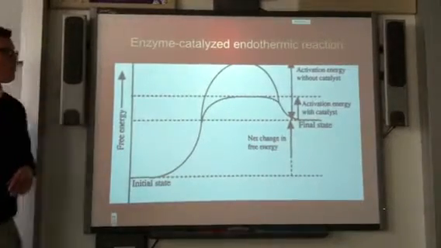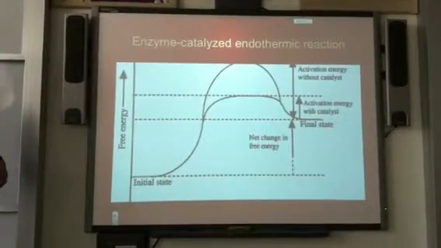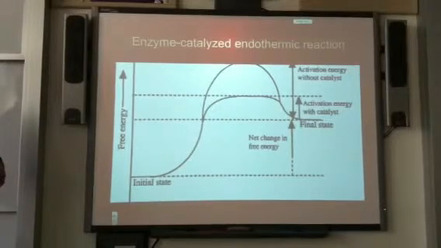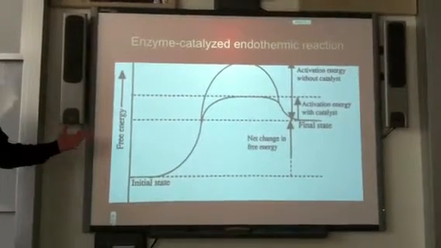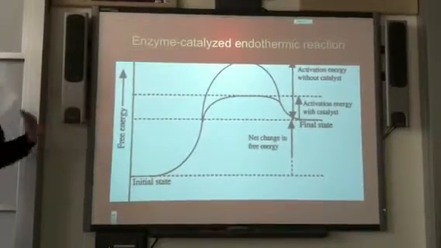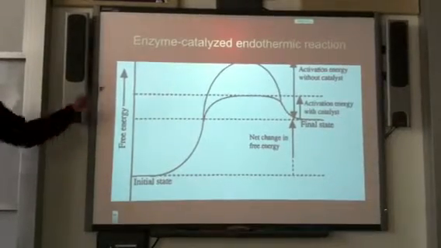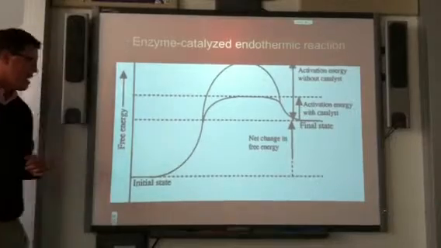I want to look at one more graph with you, okay? Because the last two graphs that we looked at were exothermic reactions, that is, they released energy into the environment from the reaction, and I want to look up here at an endothermic reaction.